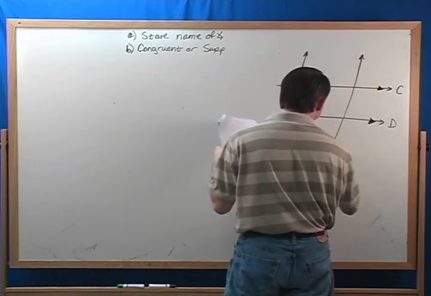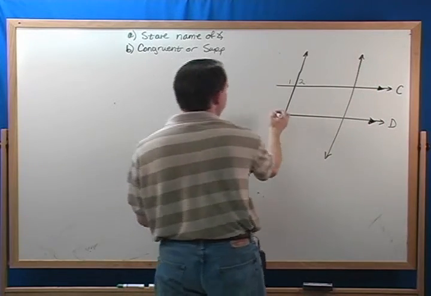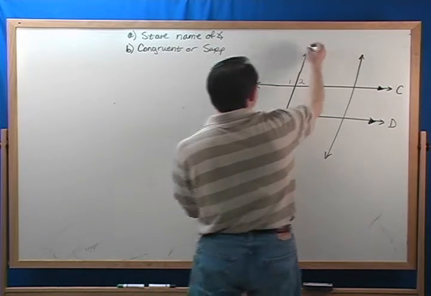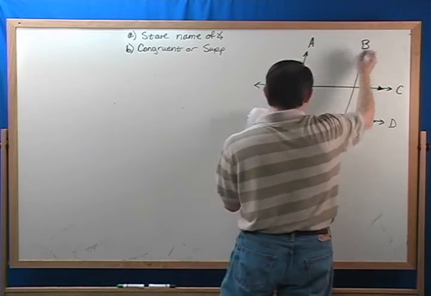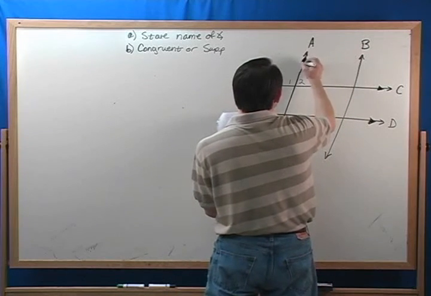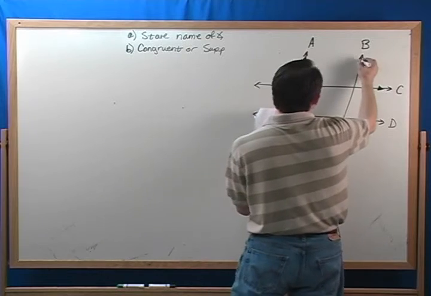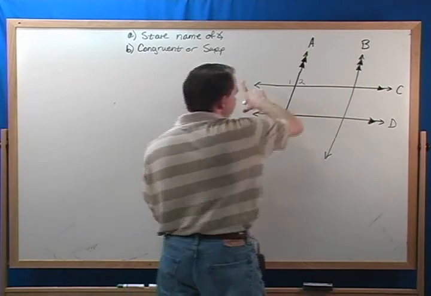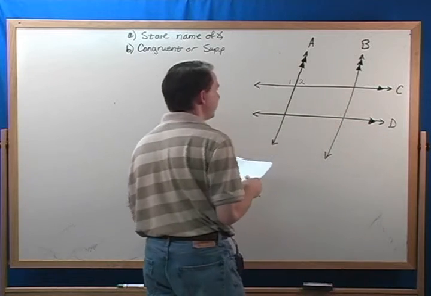This is a little bit more of a complicated problem, so I've got two lines that go off like this that are transversal lines. I'm going to call this line A and this line B. And this line is parallel with this line. So that's all that this is telling you. These two never cross, and these two never cross, but they're both transversal to the other two lines.